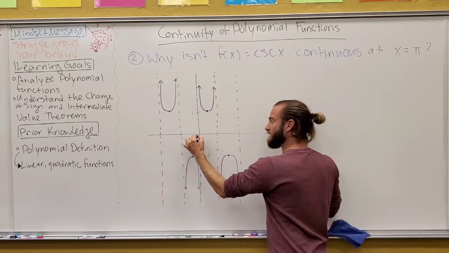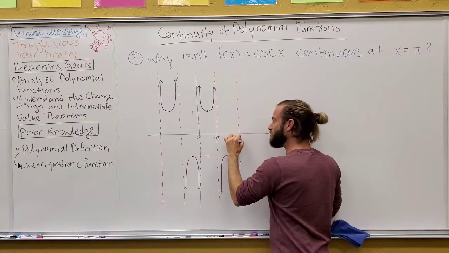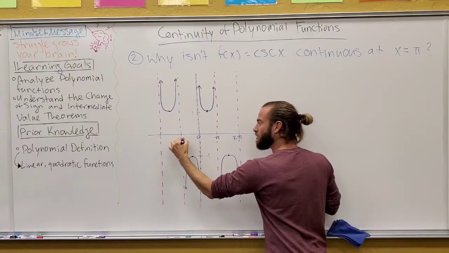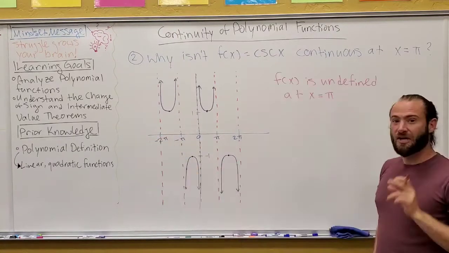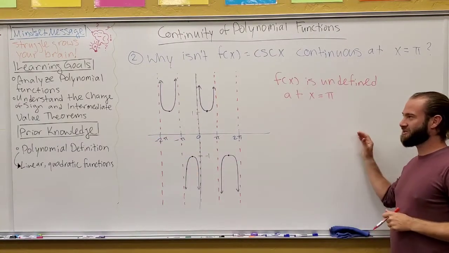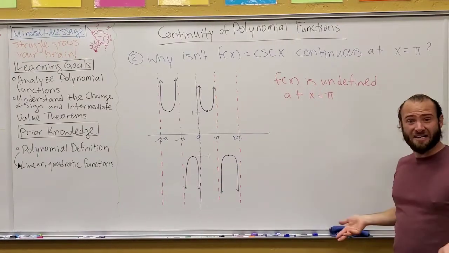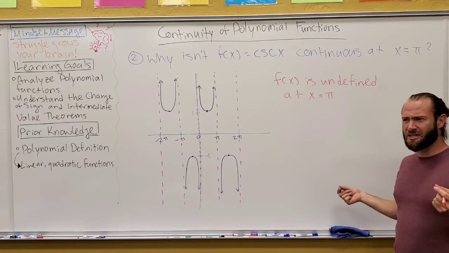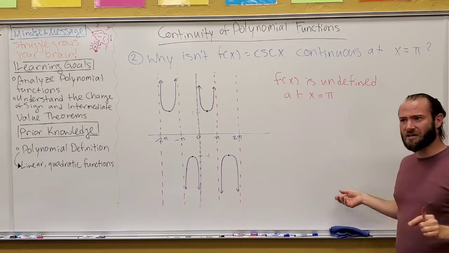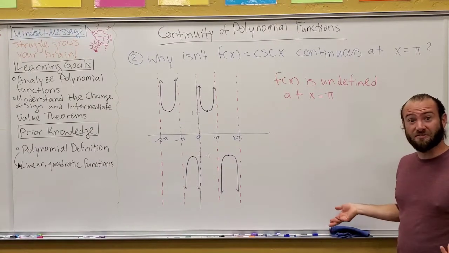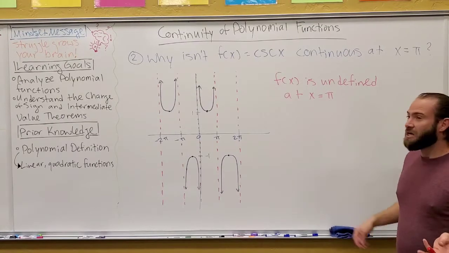So that's going to be here at 0, pi, 2 pi, etc. So multiples of pi. First thing to notice about this, and this is probably the easiest way to answer this question, f of x isn't even defined at x equals pi. It's important that whatever input we're talking about actually works in the function in the first place, right?